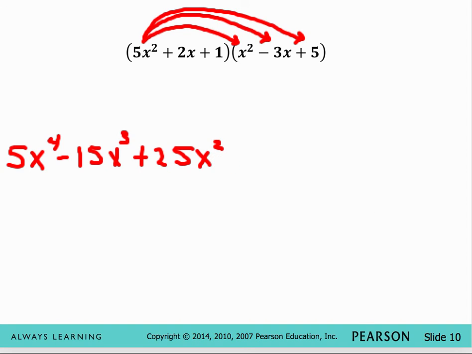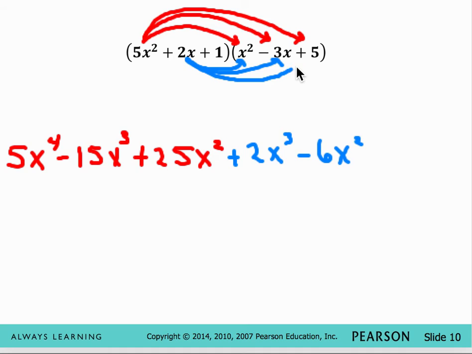Once I've multiplied every one of these terms by the 5x squared, move to the 2x. So 2x times x squared is 2x cubed. Okay. 2x times negative 3x, negative 6x squared.